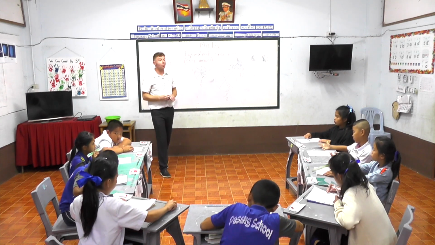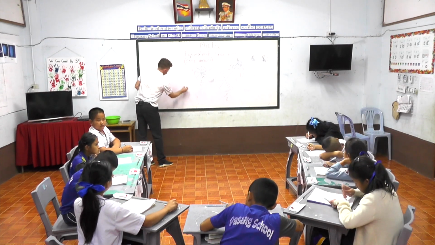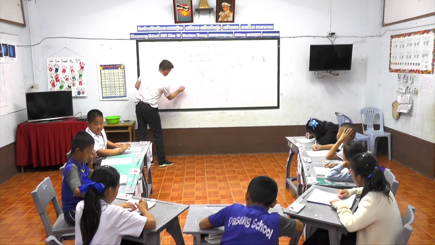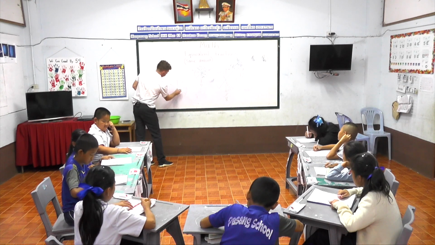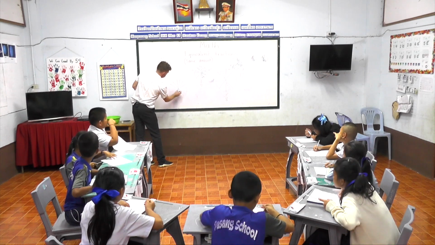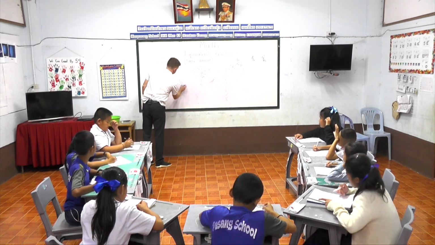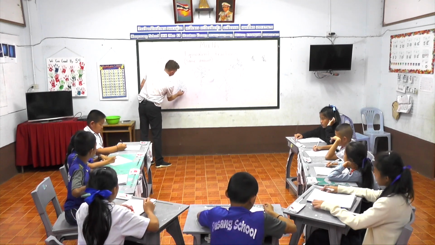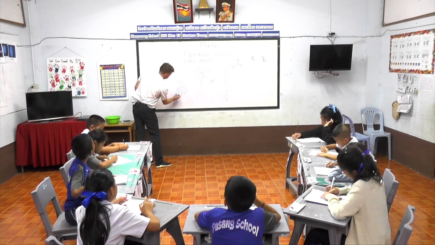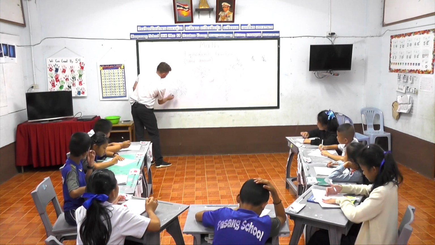So 12 over 16 is the second one, yes? 2, 4, 6, 8, 10, 12, 14, 16. And how many parts in blue? 12. 1, 2, 3, 4, 5, 6, 7, 8, 9, 10, 11, 12.